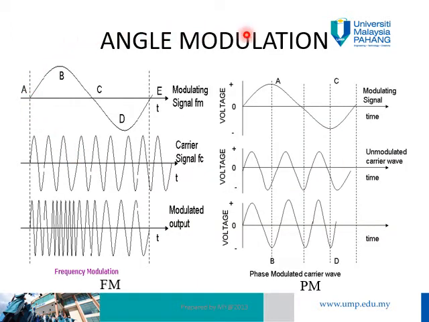So this is a general overview of angle modulation, where you have frequency modulation and phase modulation. This is the modulating signal, and this is the carrier.